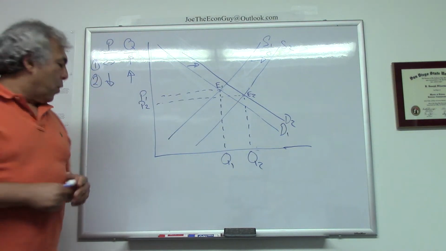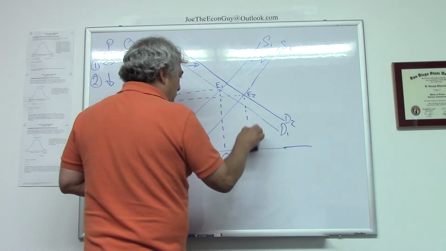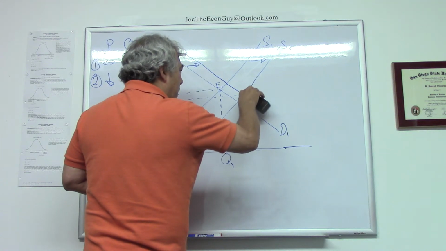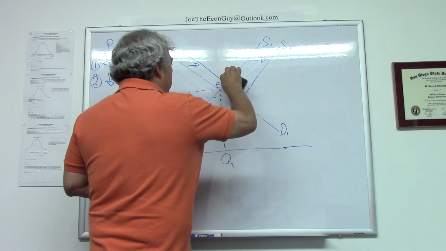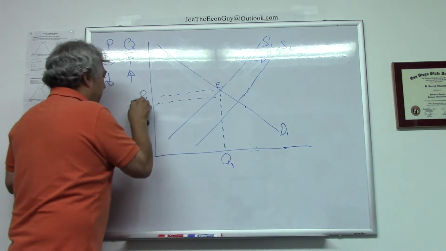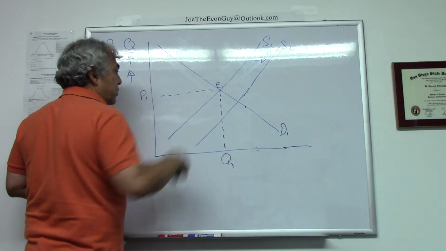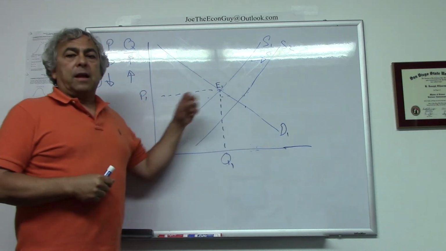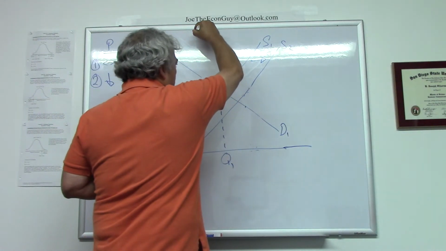I'm going to do one more to show you that there's actually three different possibilities. So let me just go ahead and clean up the board, get rid of our small little shift in demand. Again, I'm going to leave the supply curve all alone. I'm going to go ahead and start us off on P1, Q1. This is our initial equilibrium. And this time what's going to happen, instead of getting a little baby shift in demand, we're going to get a monster shift in demand.